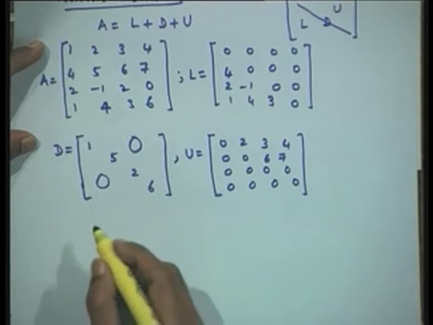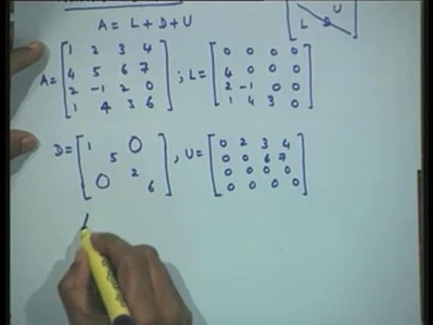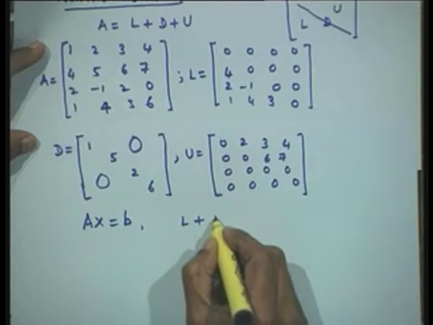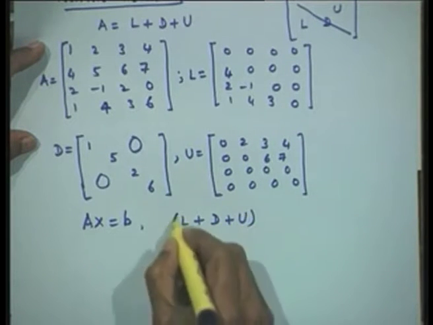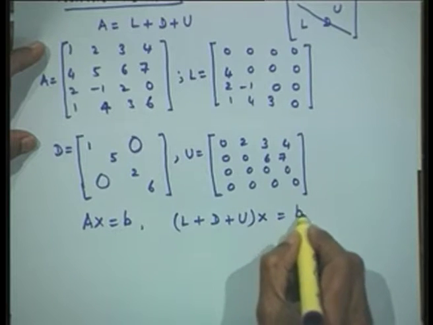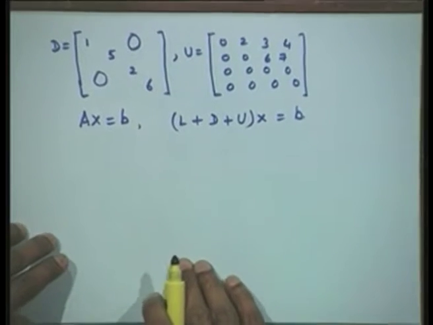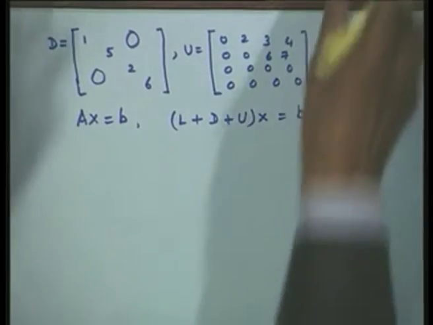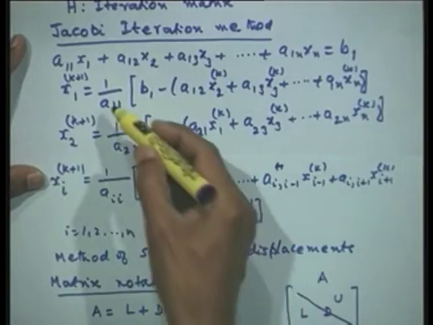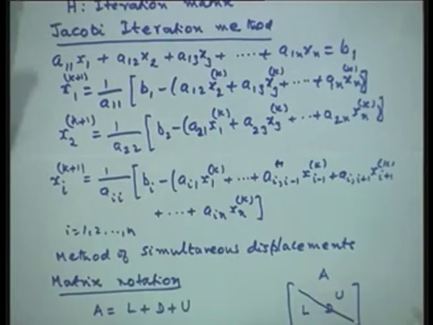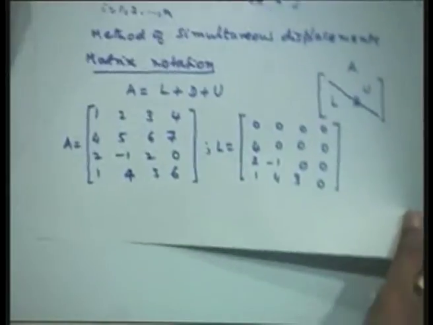Now, if I write it this way, then the system of equations A x is equal to b can be written as (L plus D plus U) x is equal to b. If you look back at the way in which we had written it, you can see that these are all divisions by pivots, a11 here, a22 here, aii here. That means these pivots are coming from the diagonal elements.